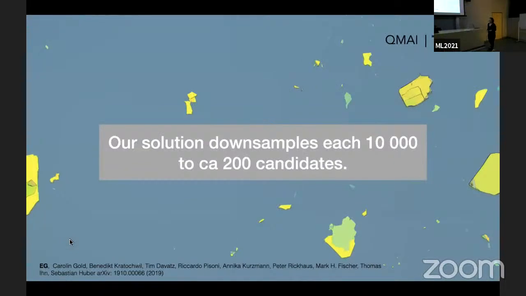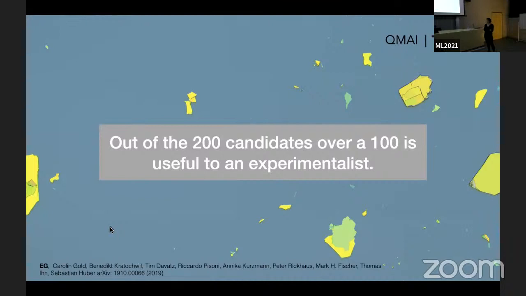So basically what happened in the case of this hexagonal boron nitride, with this kind of crude disadvantage from the point of view of the good data sample workflow, is that for each 10,000 flakes that came in, we identified 200 candidates, and out of the 200 candidates, a person afterwards said that about 100 are good.